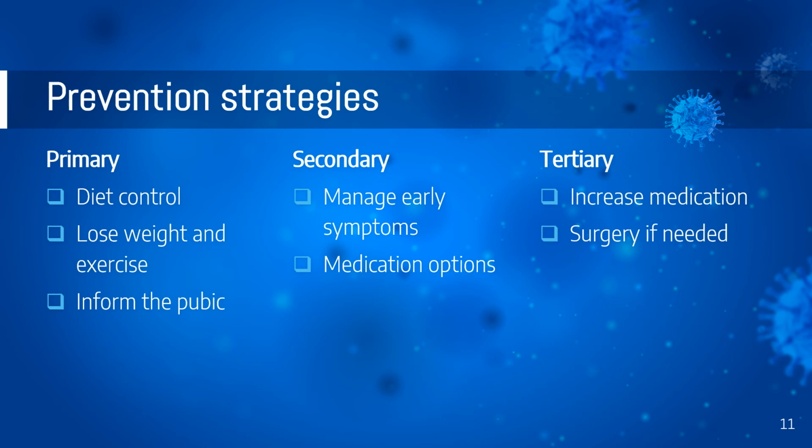Secondary strategies are for those with symptoms of gout and how they can improve their status. For the early phases of gout, there are anti-inflammatory drugs or NSAID drugs. The tertiary strategy is surgery. Most cases of gout don't need surgical procedures, but sometimes when a patient's tophi level is too high, it needs to be removed, or if a bone is broken, it will need to be reconstructed.